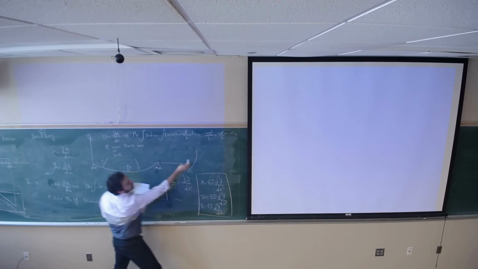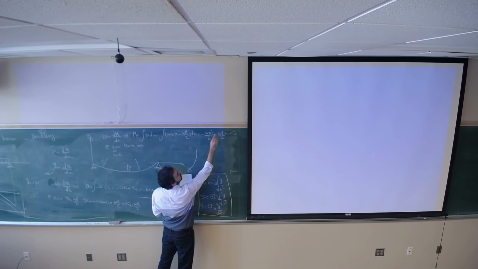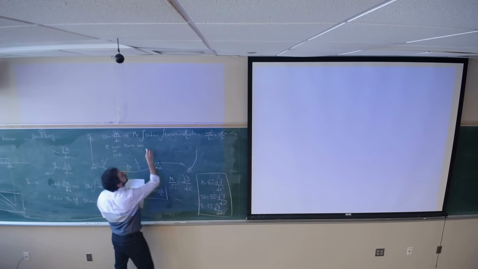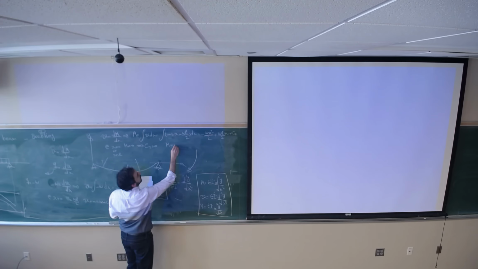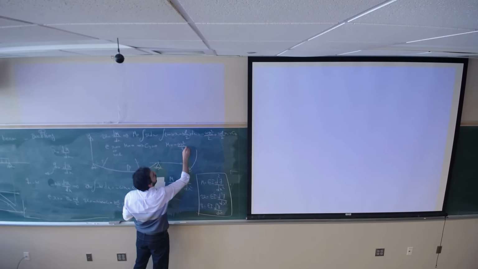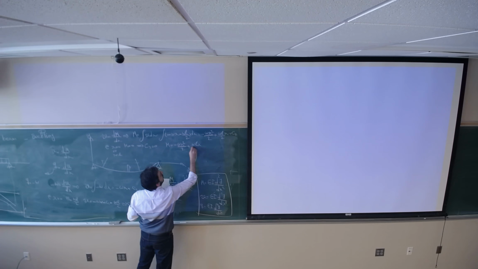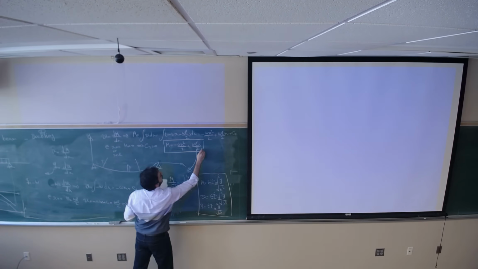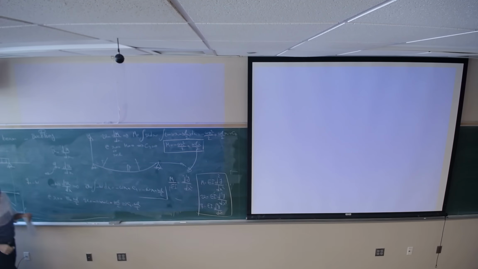If you plug in x equals 0, C2 should be equal to 0. So M is going to be this, so I could find the bending moment as a function of x, which is going to represent this figure.